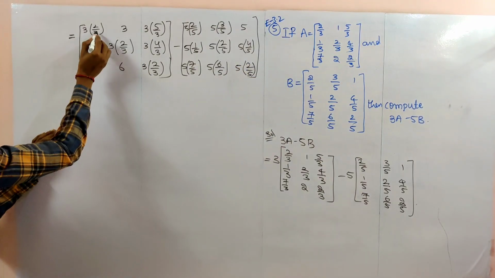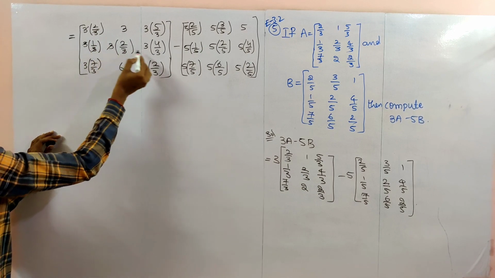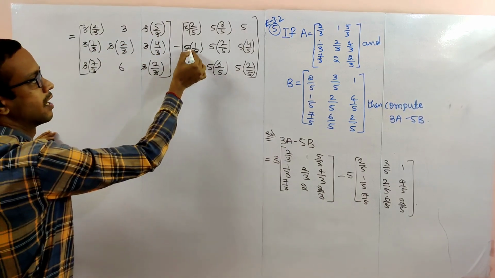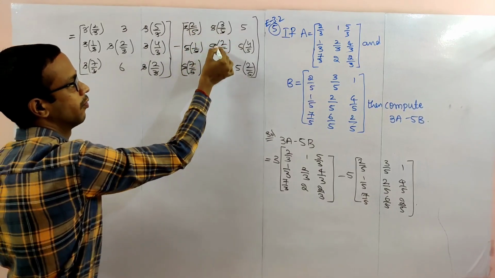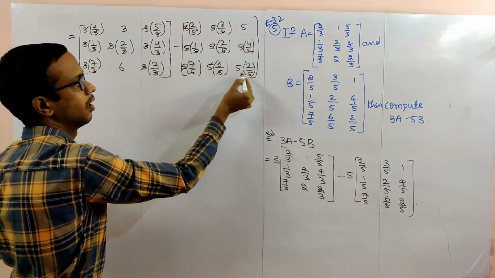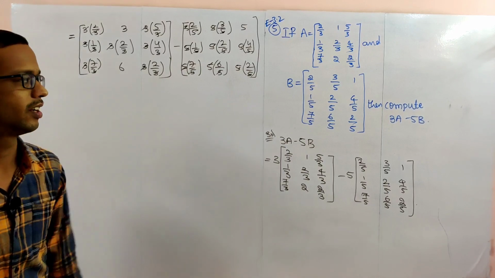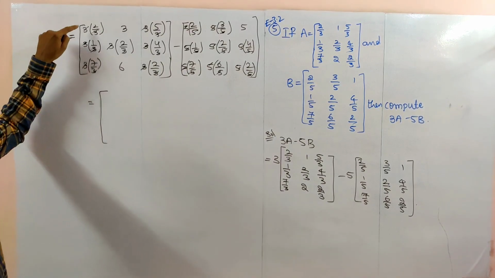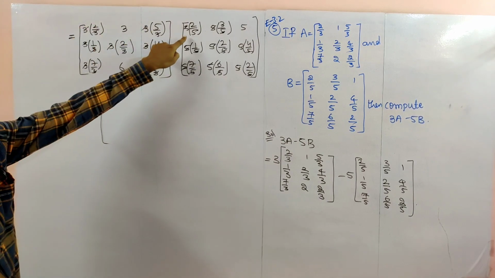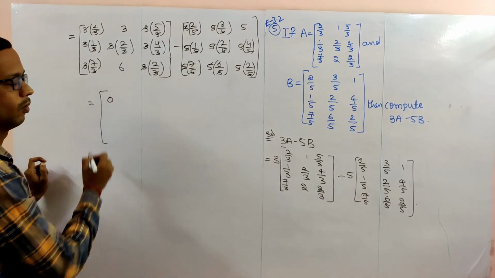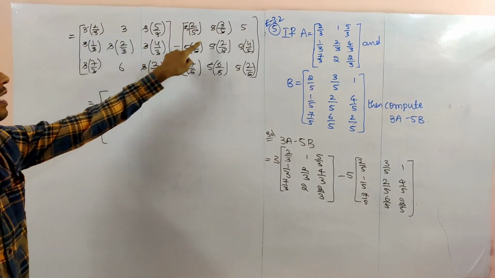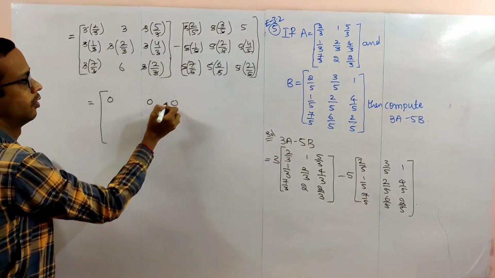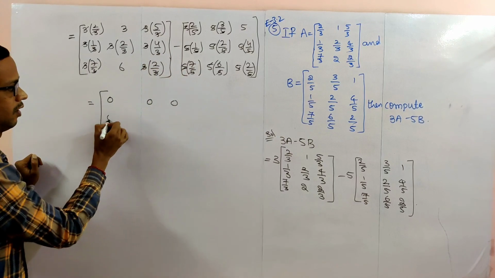So now you can observe here, you will get all cancellations. Here also cancellation, 5 into 1 by 5, total cancel. All cancellation. After that, subtraction we have to make. Here remains what? 2 minus, here also 2, 0. 3 minus, here also 3, 0. 5 minus 5, 0. 1 minus 1.